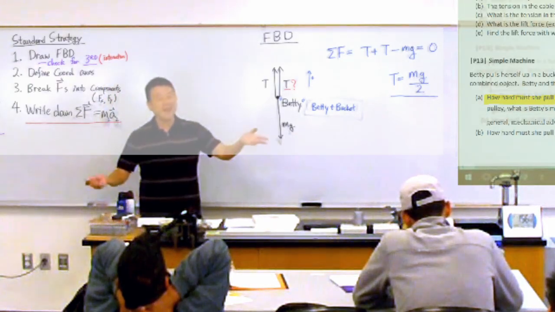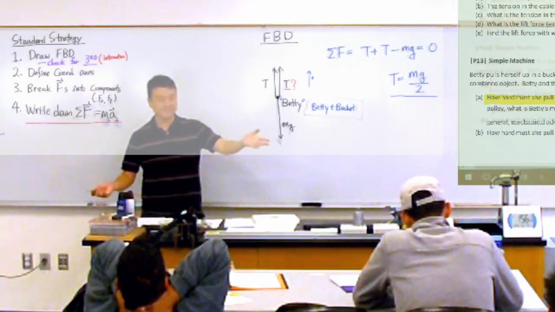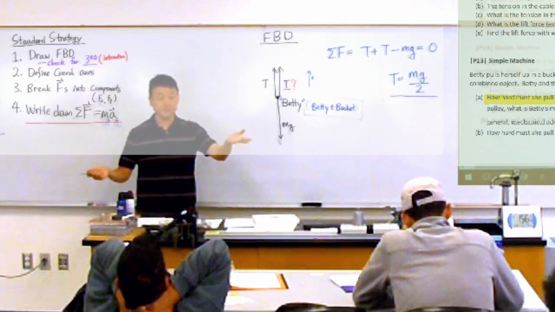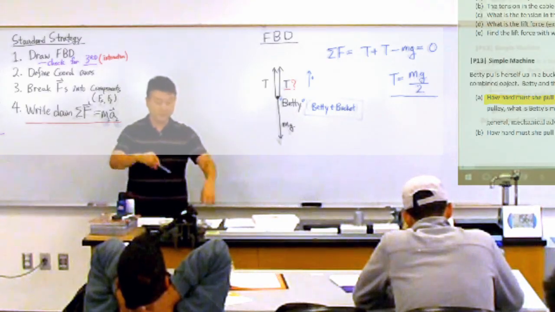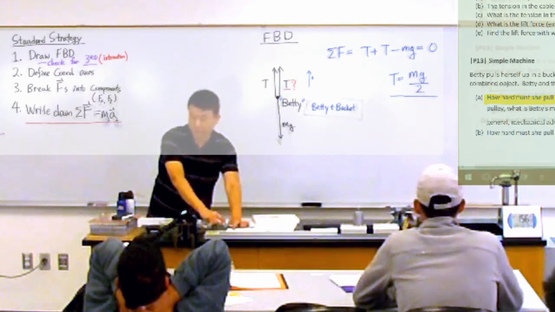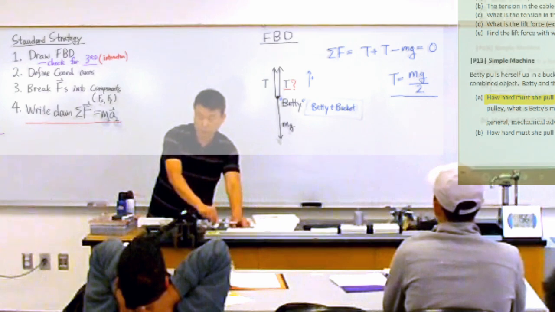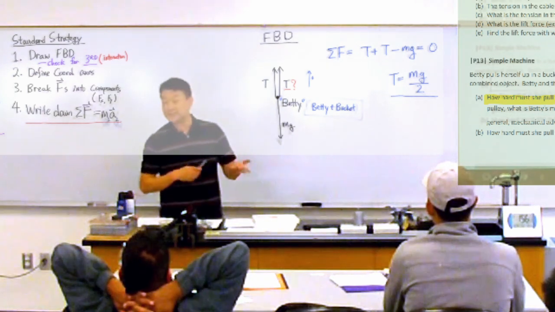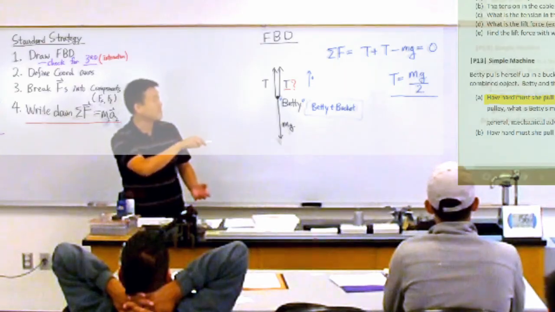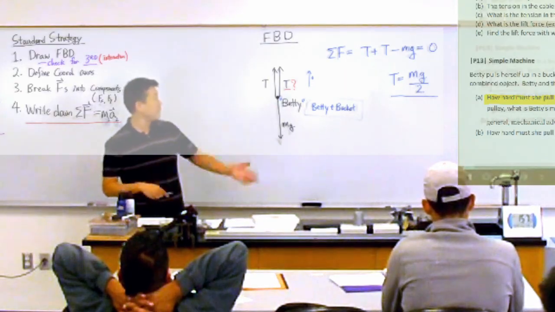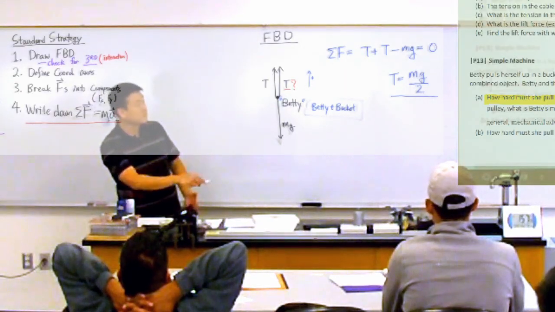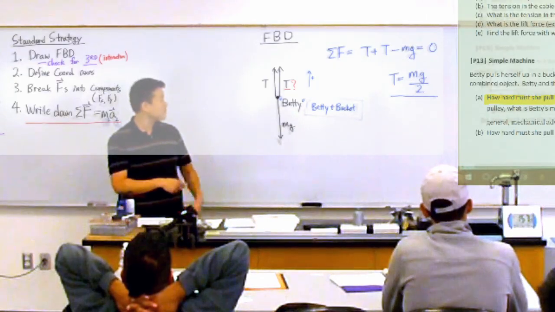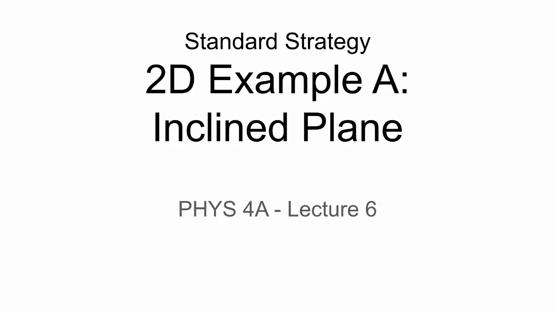Has anyone here used a crowbar? What is a crowbar an example of? A lever, right? You have a pivot, and when you use a lever like this, you can apply a small force to get a big force. We're going to see more examples of that, but this is one of the first examples that we can already see based on our understanding of forces, how pulleys work, and all that stuff. So it's a simple example.